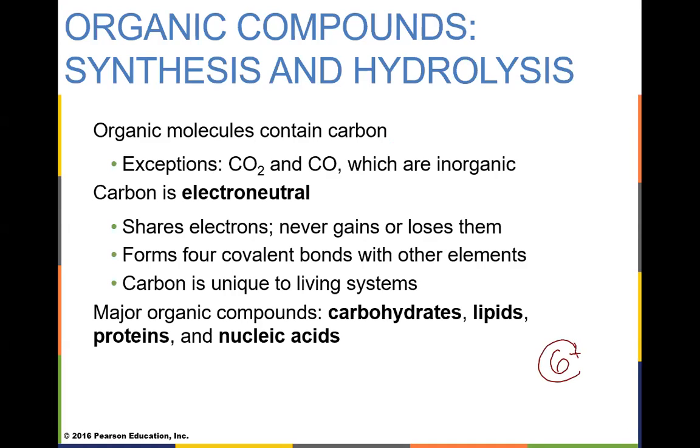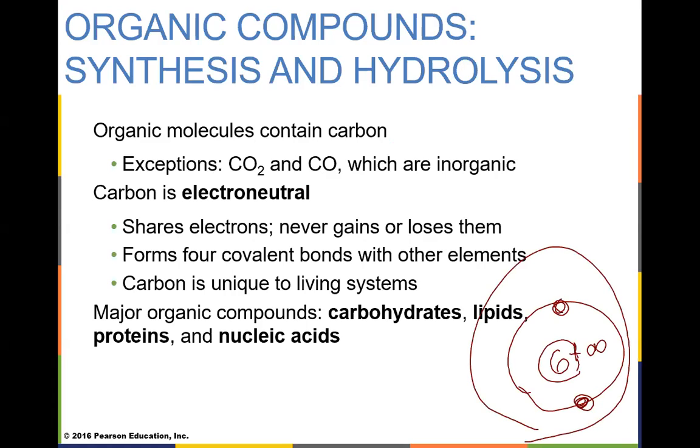So it has 6 protons, it has 6 neutrons here, and it has 6 electrons in orbit. It has 2 electrons in its first orbit, and the second shell or second orbit has 1, 2, 3, 4 electrons. But it has room for 1, 2, 3, 4 more electrons.